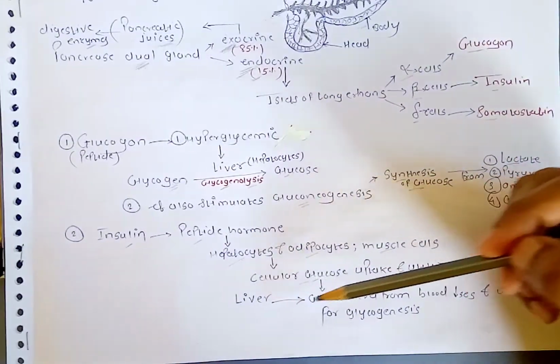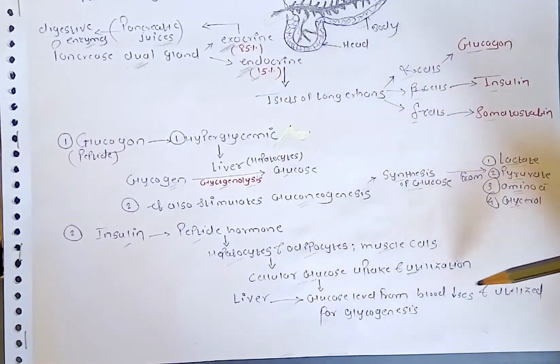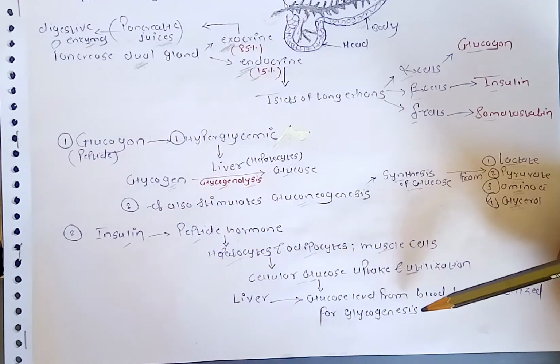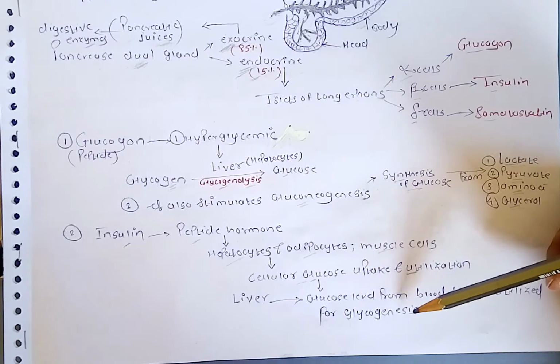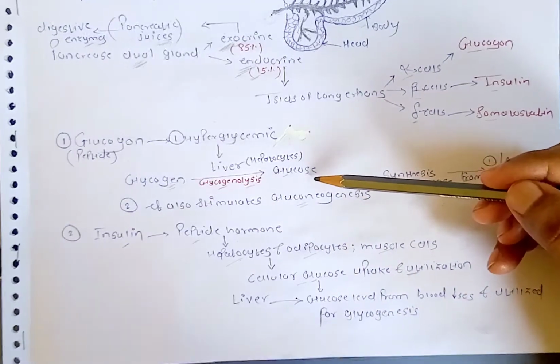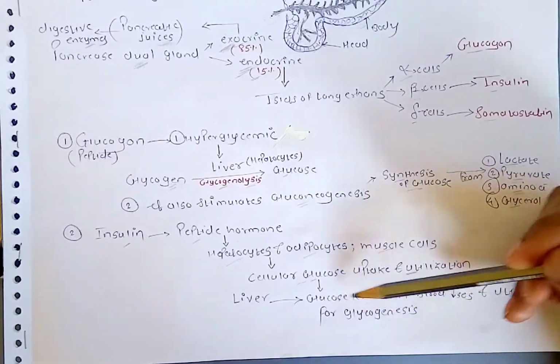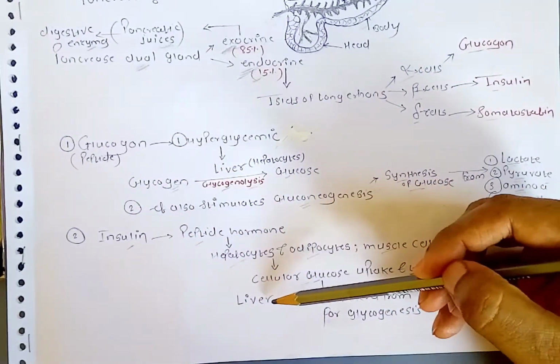In the liver, the glucose level from the blood decreases and the glucose is utilized for glycogenesis. So what is glycogenesis? Synthesis of the glycogen molecule from the glucose molecule. This process is initiated by insulin in the liver.